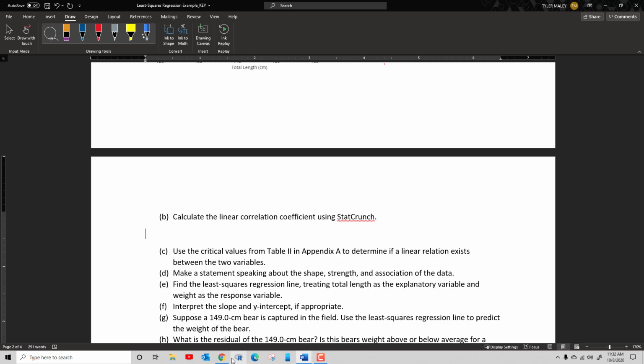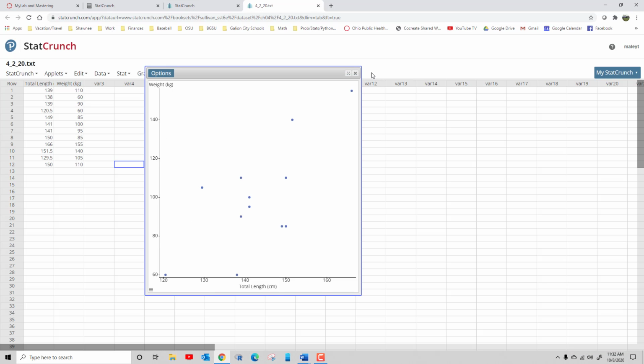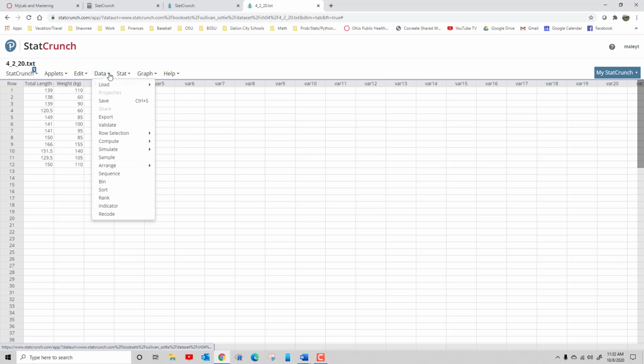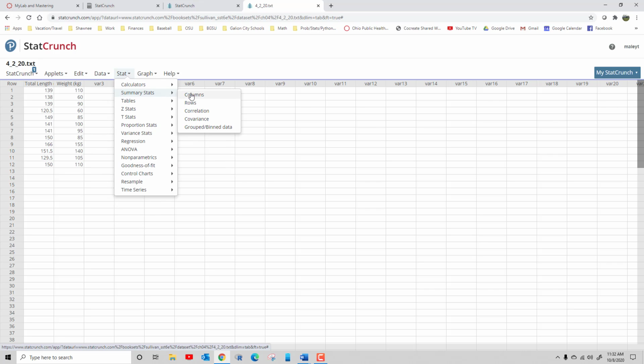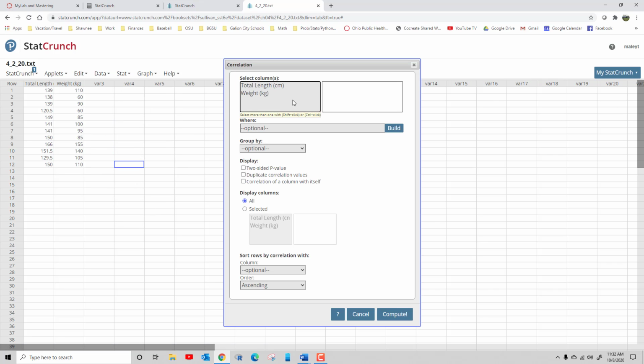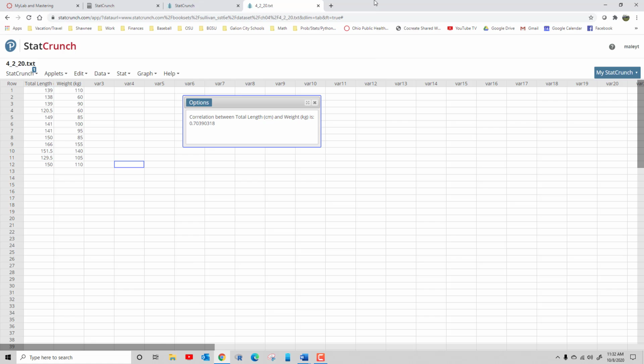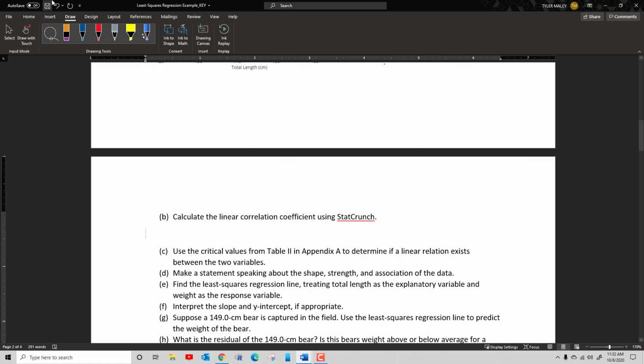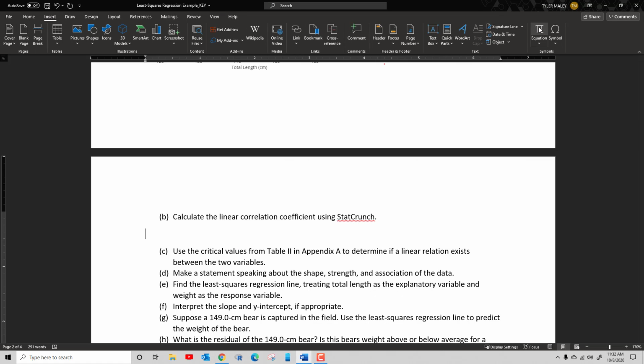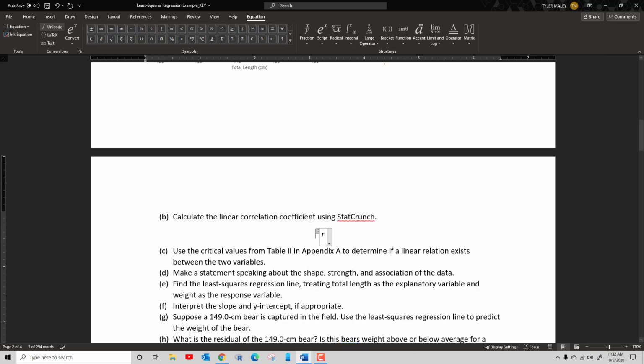If I go back into my StatCrunch, I can go to stat, then summary stats, then correlation, and we pick our two variables and hit compute. And there's my R value, right? I'm going to insert an equation into Word, or you could write this down.